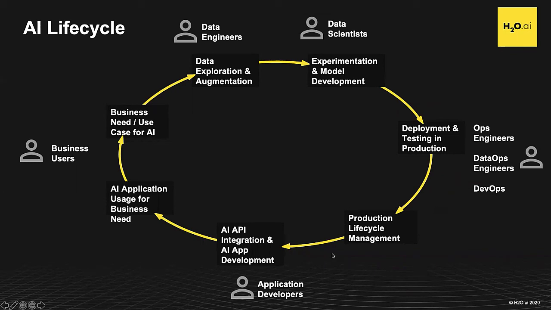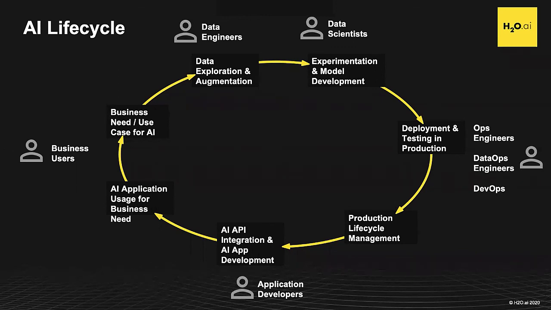Further down the line, you have application developers. Once your model is good, accurate, and giving good results, you need an app created or deployed so that other people can interact with it, because people will not be able to interact with the model in production.